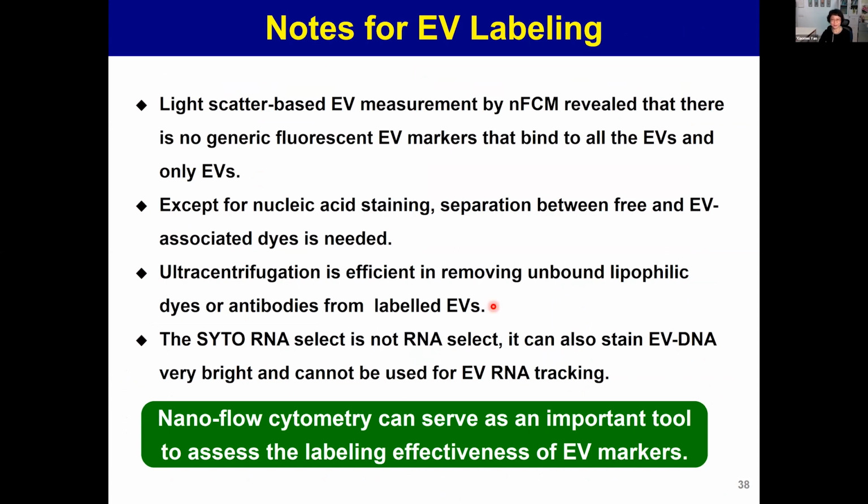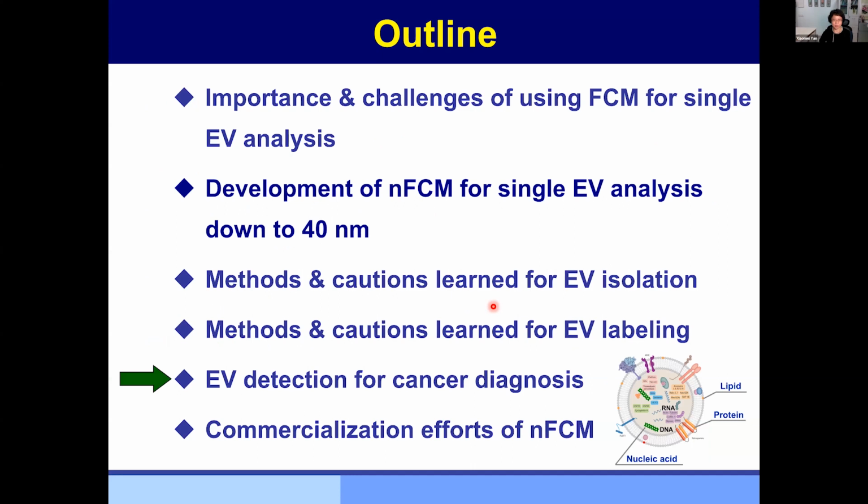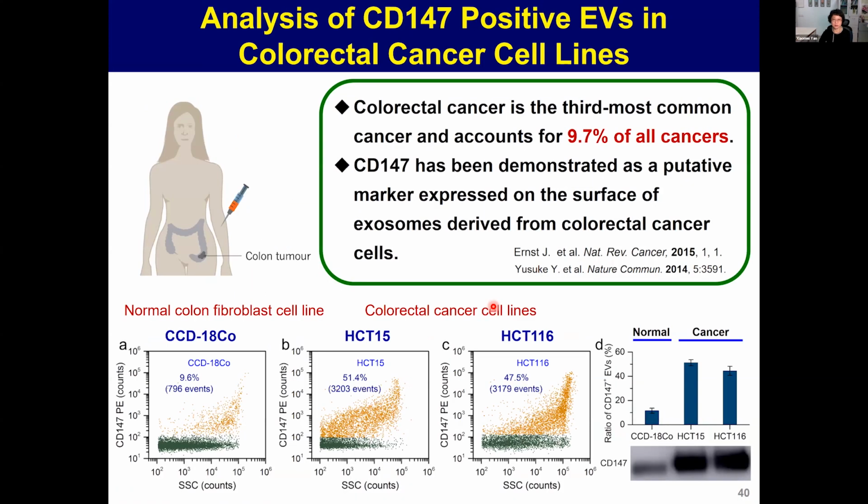Okay, this is the notes. I will not repeat it. We also applied the single EV analysis for cancer diagnosis. So CD147 is a putative marker for EVs secreted by colorectal cancer cell lines, and we confirmed this by using nano-FCM and a Western blot.